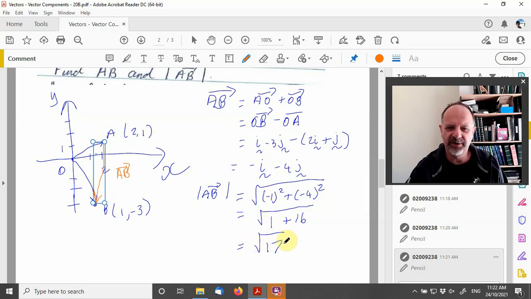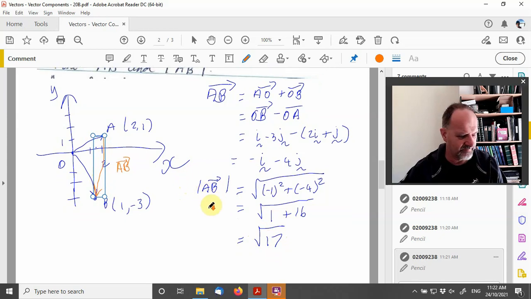I need to bring in this magnitude, this length, because at the moment it's square root 17, which is 4 and a bit, but unit vectors are length 1. So I would need to turn it into a unit vector. I have to make it length 1, and I can simply do that by dividing by this magnitude.